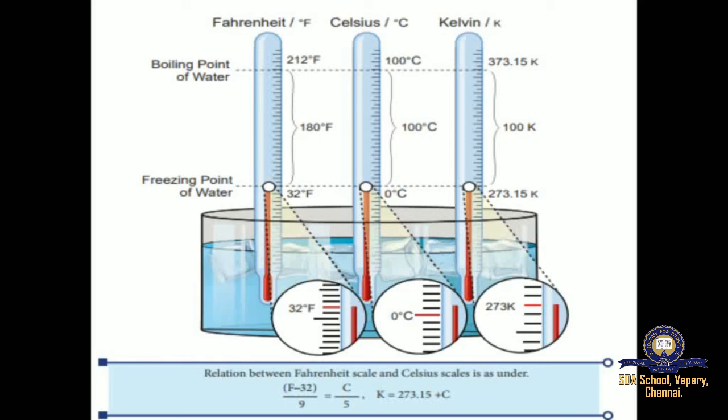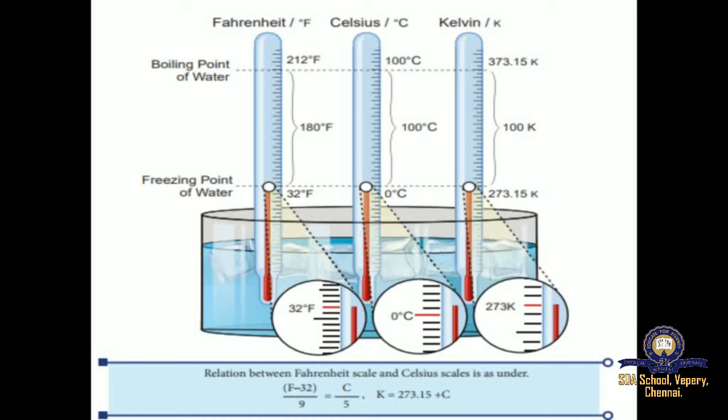So here you can see the difference of Fahrenheit scale, Celsius scale and Kelvin scale. The boiling point of water in three different scales is 212 degree Fahrenheit, 100 degrees Celsius, 373.15 Kelvin. The freezing point of water is 32 degree Fahrenheit, 0 degree Celsius, and in Kelvin, it is 273.15 Kelvin.